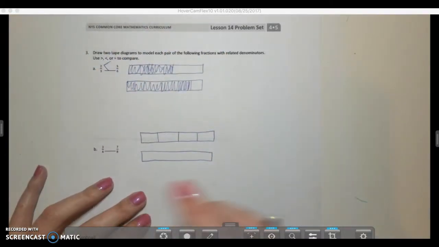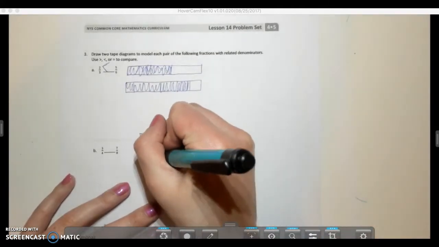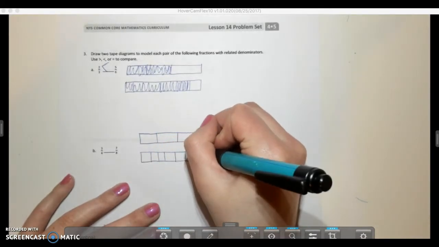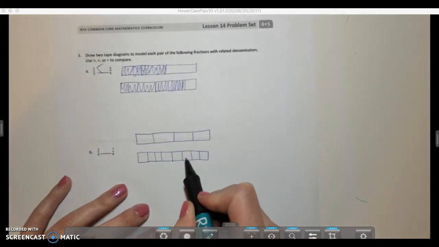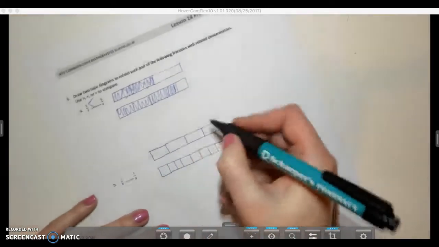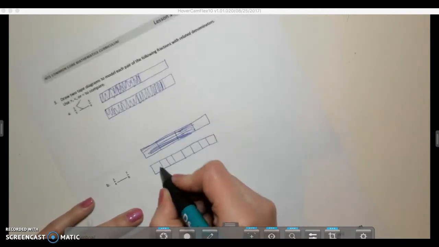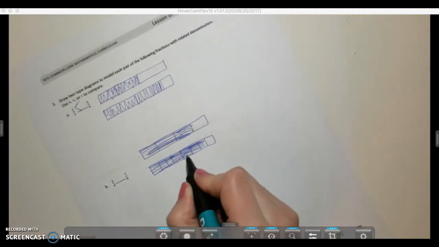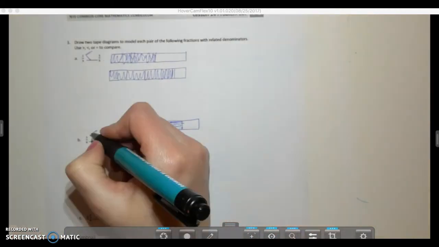And then we will split the other one into eighths. Now we have 1, 2, 3, 4, 5, 6, 7, 8. We'll color in 3/4 here, and 7/8 here. And we can definitely tell that 7/8 is greater.